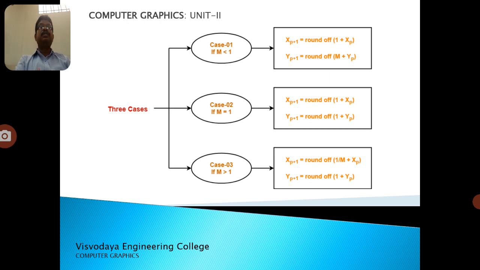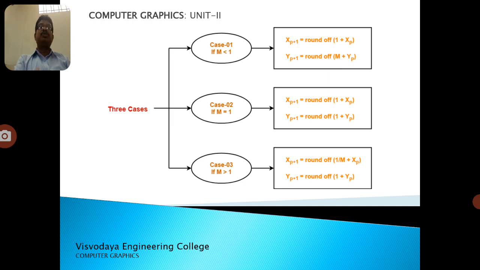If m value is less than 1, then the next coordinate xp plus 1 equals round of 1 plus xp. What is the meaning of this round off? Suppose the value is 0.5: the round of 0.5 is 1.